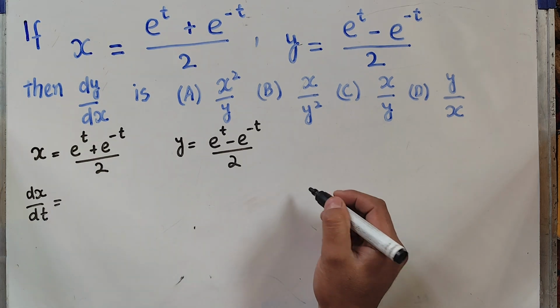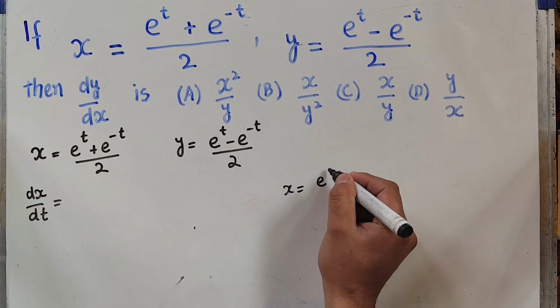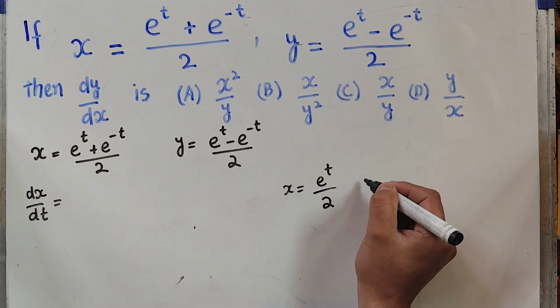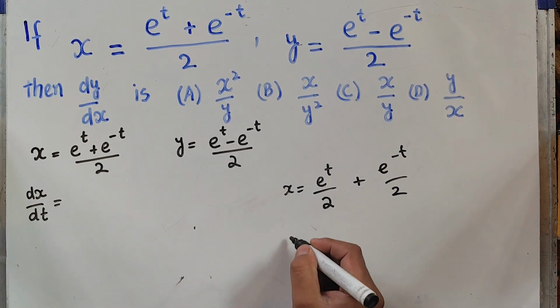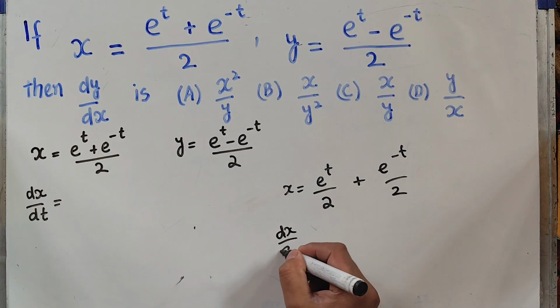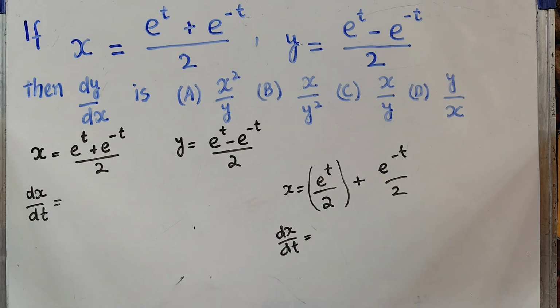Now if I write it here, if I simplify it first, x is equal to e^t/2 plus e^(-t)/2, then dx/dt will be equal to the derivative of this function with respect to t.